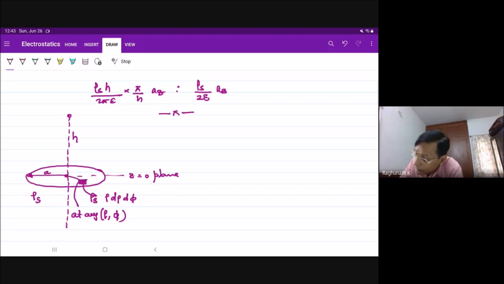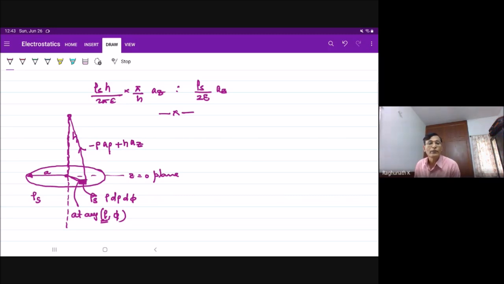For that, I need to define the vector from the element to the point of interest. Because it is at rho, this is minus rho a rho plus h a z. Correct? Minus rho a rho, go back to the origin, then go up plus h a z.